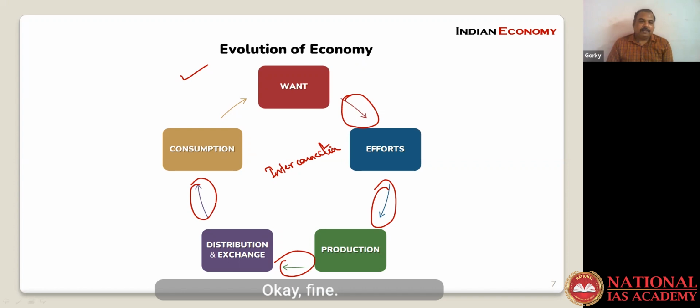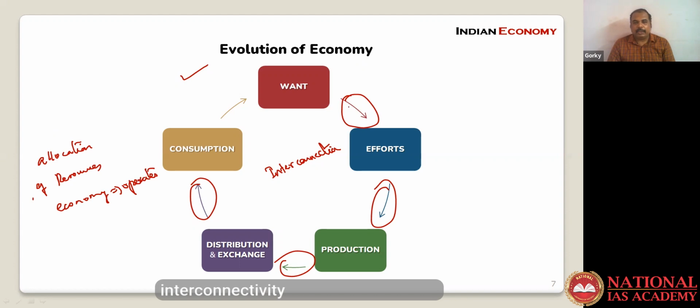Okay. Fine. In this way, if I am going to talk about, say, for example, how much resource I need to allocate for efforts, how much resource I need to allocate for production, how much resource will be distributed. So if I'm going to study about allocation of resources and various aspects of how the economy operates. So economy means the interconnectivity of all these aspects.